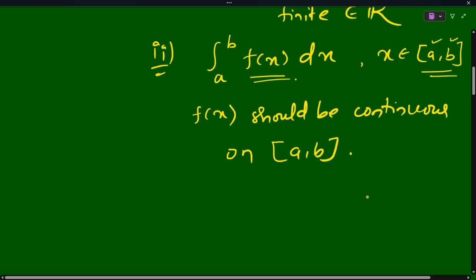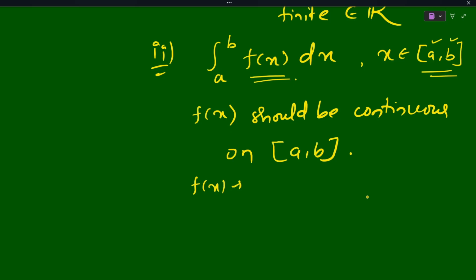It is a closed bracket, that means f of x should be defined at the point a also, and it should also be defined at the point b and all the points between a to b. So this is the definition of a proper integral.